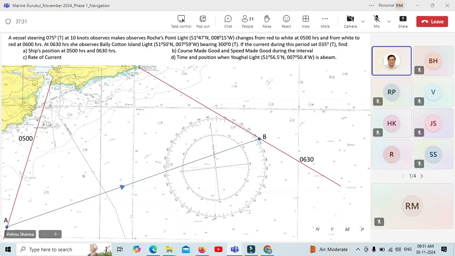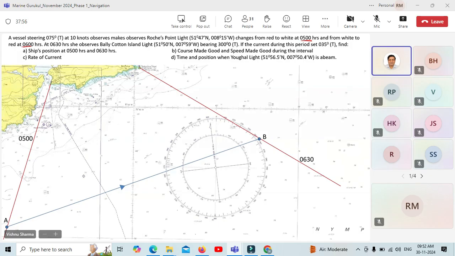Now, find out what is the interval between first and the second PL. It is 1 hour. First PL is for 5 o'clock. Second PL is for 6 o'clock. So interval between first and the second PL is 1 hour.